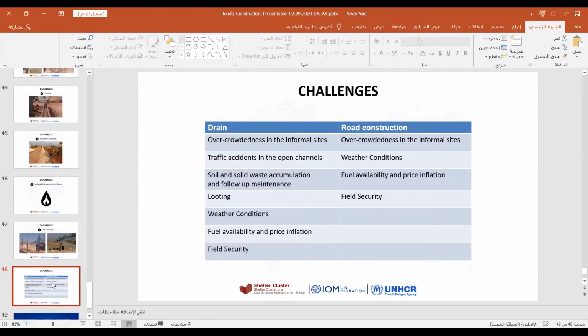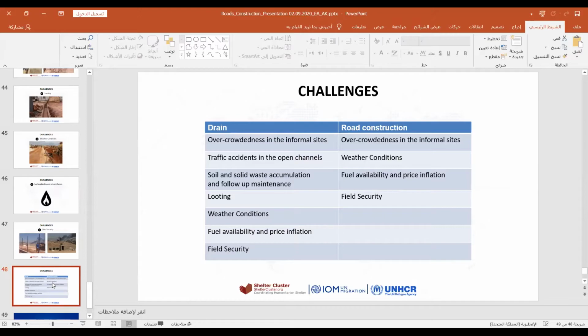And when we talk about road construction and water drainage, we have four main challenges: overcrowdedness in the informal sites, weather conditions, fuel availability and price inflation.